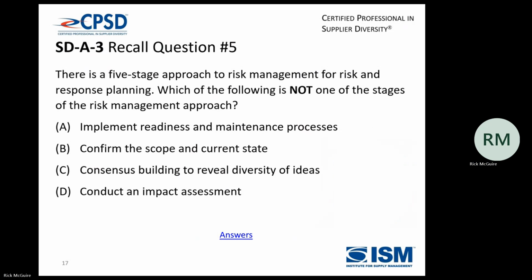All right. So there's a 5-stage approach to risk management for risk and response planning. Which of the following is not one of the stages of the risk management approach? These all three down here look to be loosely related to the risk management approach that they gave back here.